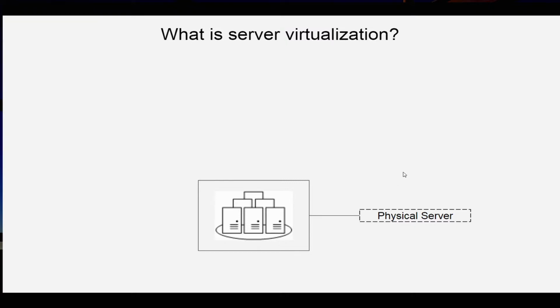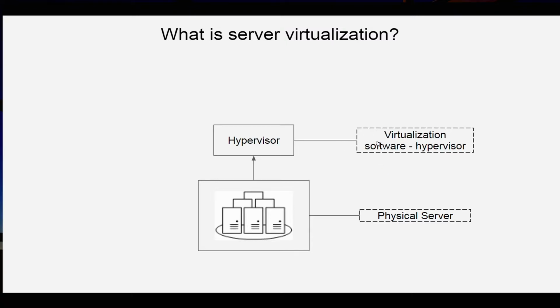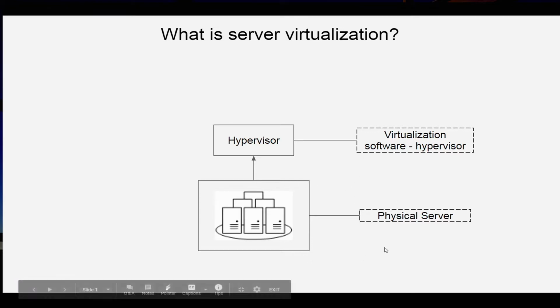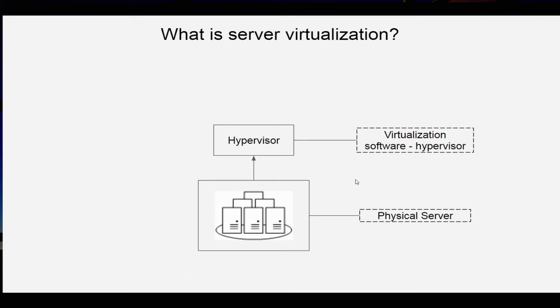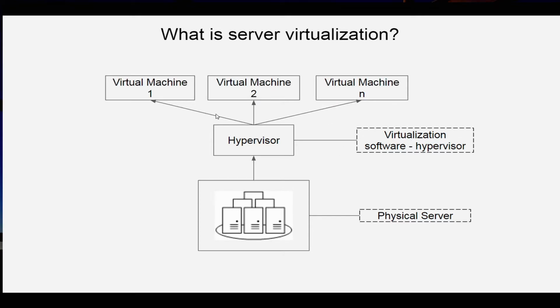Then here we have a hypervisor, which is a software application for managing the resources of the physical server. In other words, this hypervisor allocates the resources of the physical server to each virtual machine. In this example we have 3 virtual machines, right? And the hypervisor allocates the resources to each virtual machine depending on its requirements.